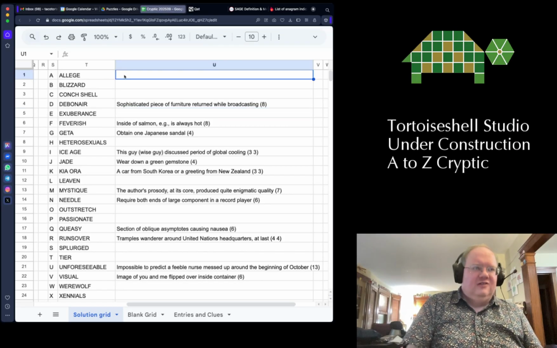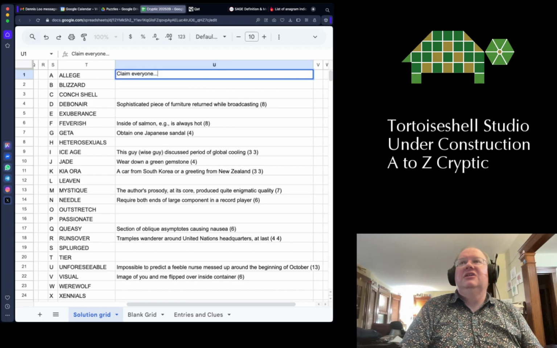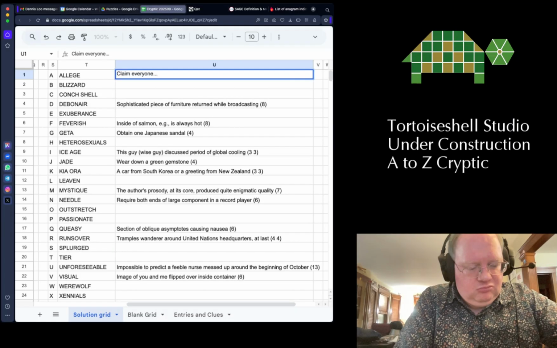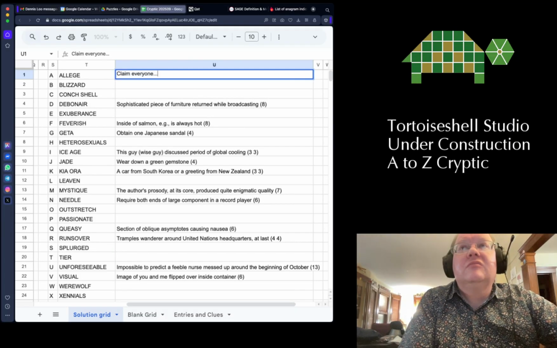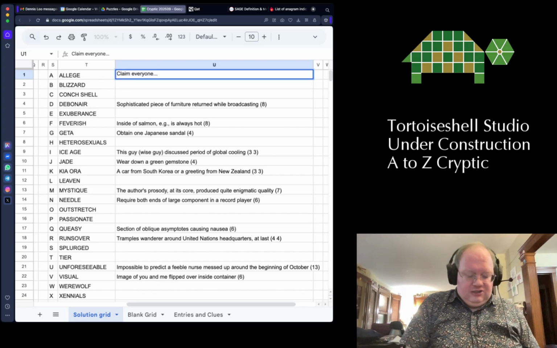I think this is. Hmm. I was going to say it's going to be claim everyone dot dot dot, but I feel like I might have used that in a clue before. Oh, hang on a second. Okay. Alright, let's try this.